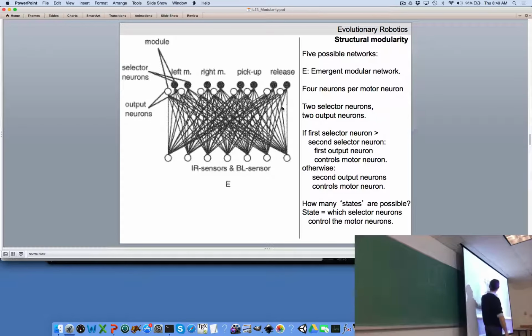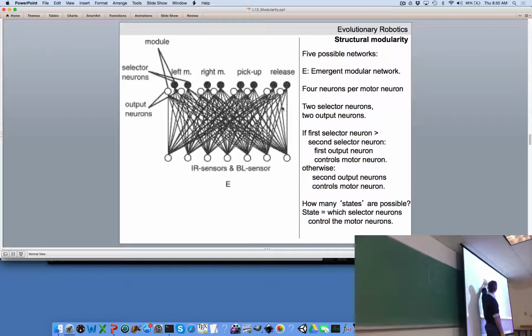And it does that using the selector neurons. So you'll see that there's also synapses connecting the sensors to this selector neuron and synapses connecting to this selector neuron. If the left selector neuron's value is greater than the right selector neuron's value, that's evolution saying, I want this neuron to control the wheel.